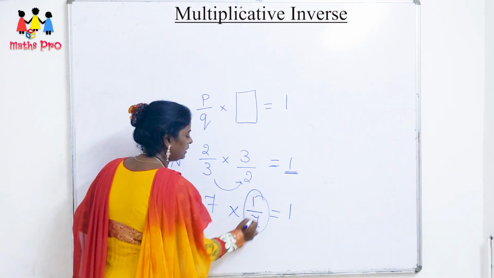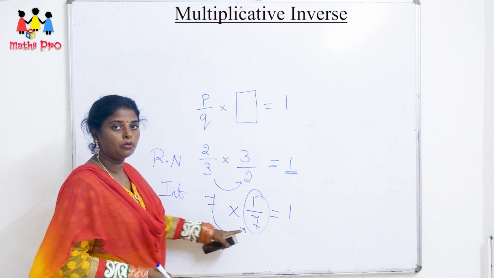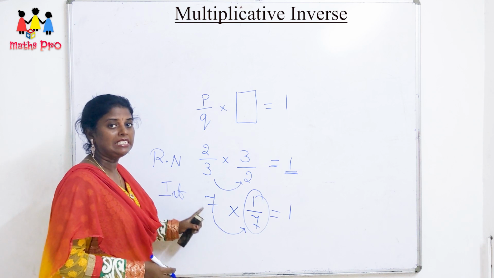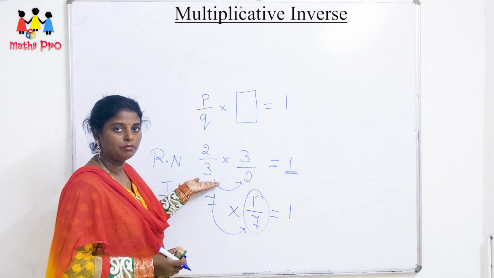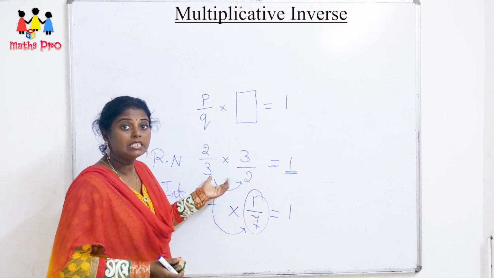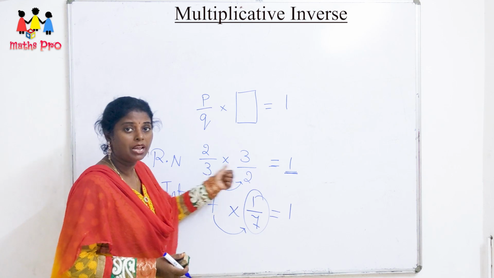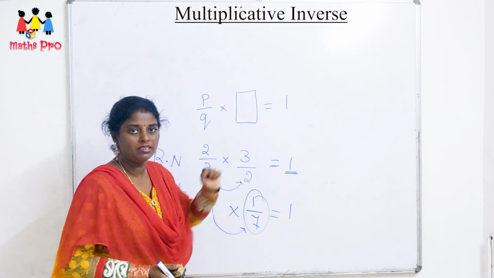This number should be the reciprocal of the given integer. But here we are talking about the rational number. So a rational number multiplied with the reciprocal of the same rational number gives the value 1.